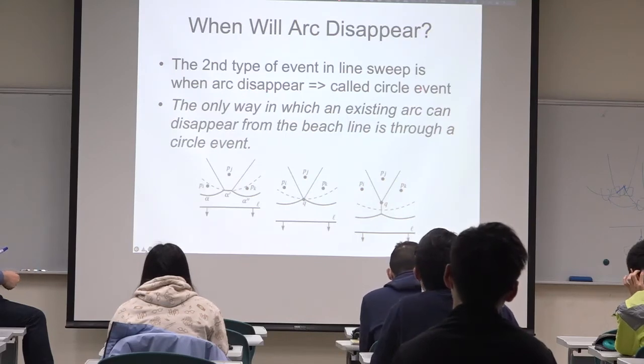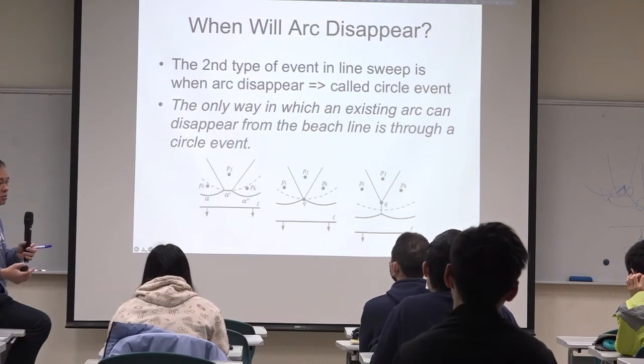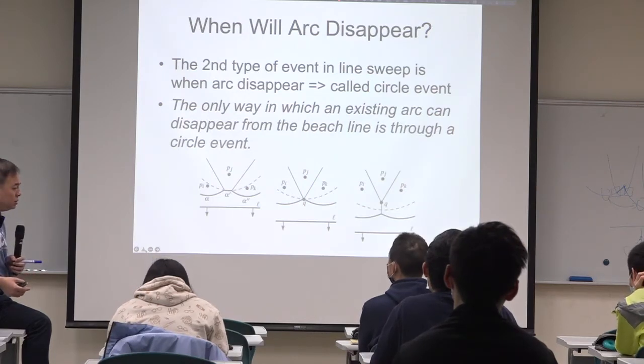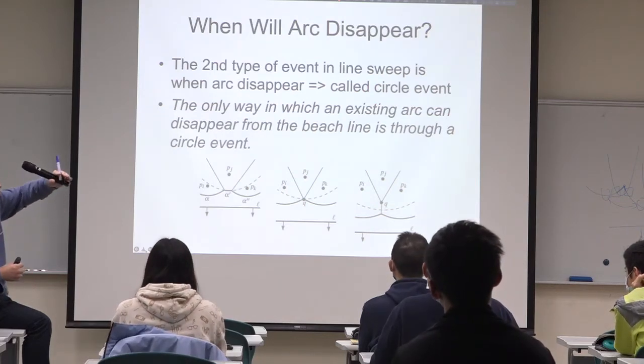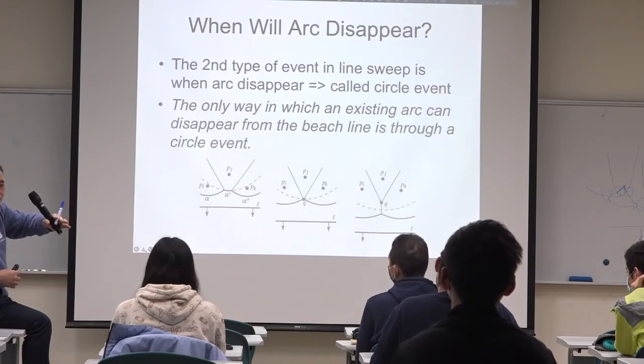The site event can be easily handled. Basically, each site has one site event, obviously. We know those site locations, and we will deal with them according to their y coordinate value. But how about the circle event?